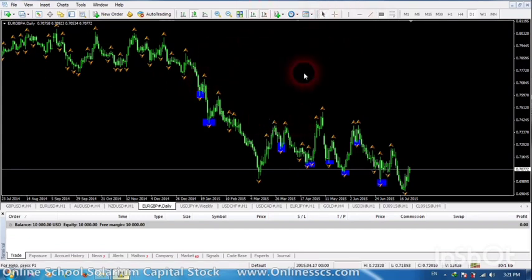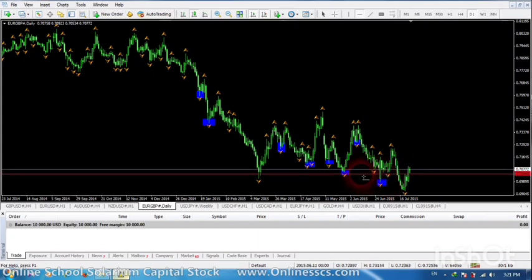Alright, so for now I try to only locate the pivots that are used in our uptrend. We're going to talk further about pivots in our next session. Right now we're only going to locate the pivots for our uptrend.